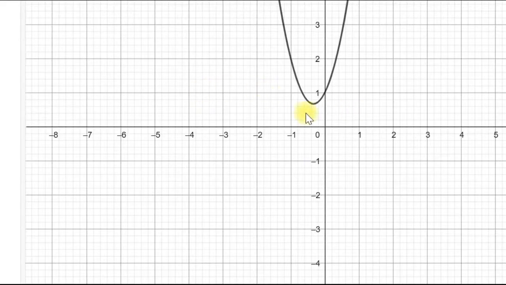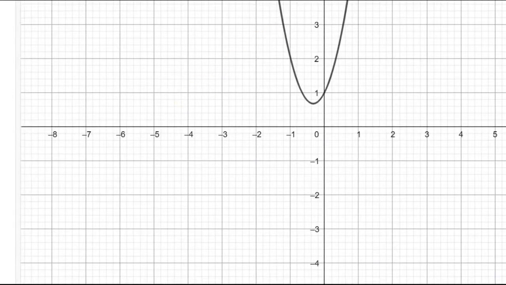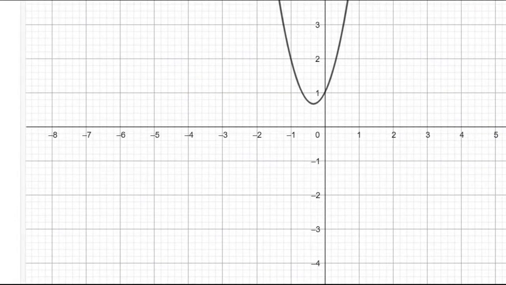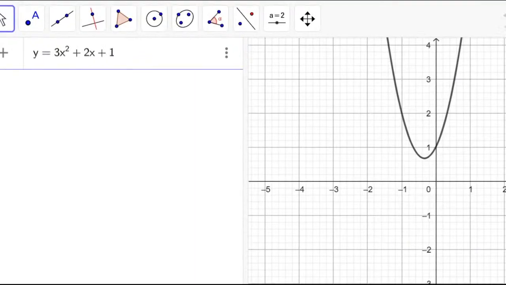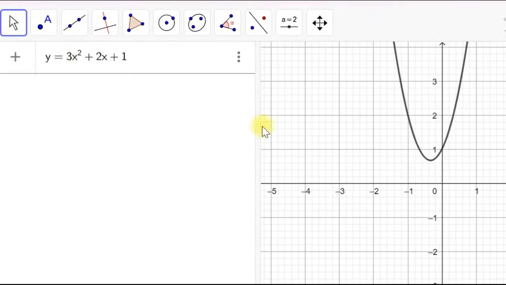Remember, the solution of a quadratic by graph is the intersection of the curve with the x-axis. See the curve. The x-axis is y equal to 0.